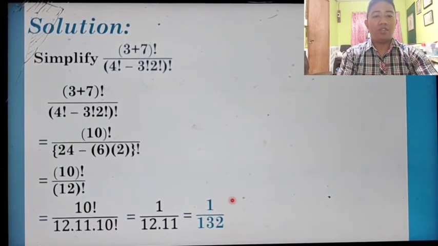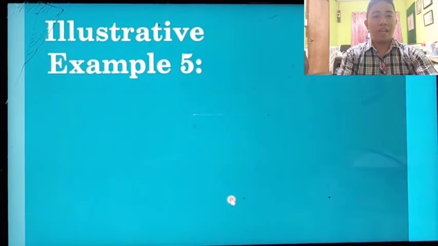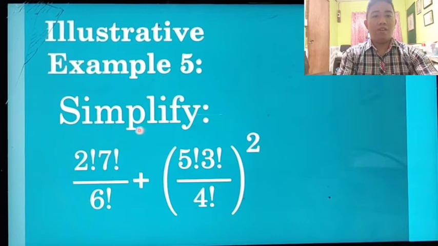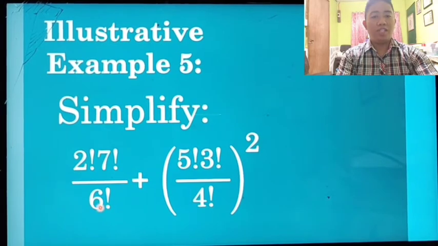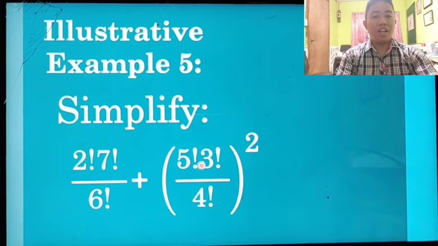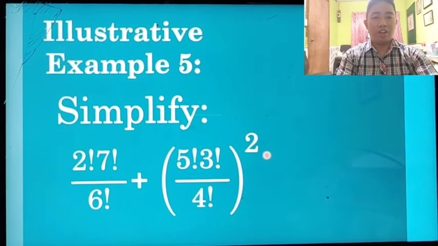So my dear friends, students, and viewers, let's move on to our last illustrative example. Okay, so this kind of mathematical expression is complicated, so you will simplify. So 2 factorial times 7 factorial all over 6 factorial, plus the quantity of 5 factorial times 3 factorial all over 4 factorial, quantity squared.